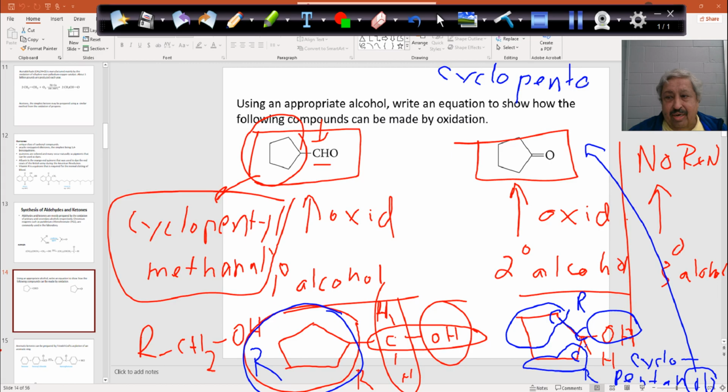We are going from pentane, correct? We take the E out of pentane and then add O-N-E: pentanone, cyclopentanone. So that's secondary alcohol. Tertiary alcohol, there is no reaction. So let's move forward here.